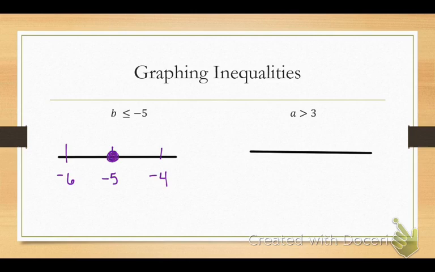Closed, because that equal to means that -5 can be a part of the solution. Which way does my arrow go? To the left, because it is closed off to the variable, which means all the acceptable answers must be less than or equal to -5. So I need to draw my line to the left with my arrow on the end showing that my solutions can keep going into infinity.